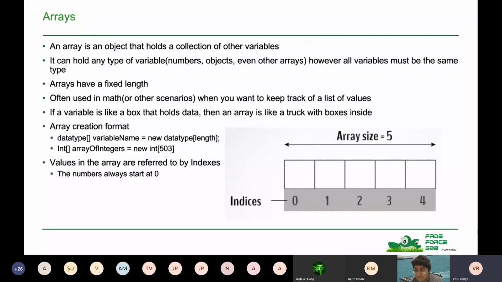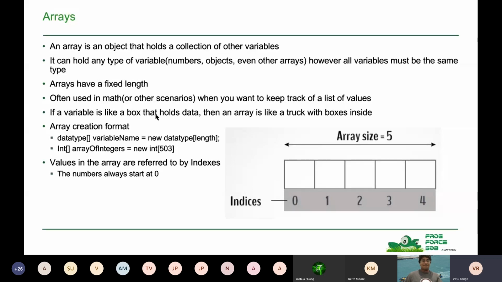Same way in here, you can hold multiple pieces of data in one small compact space. It can hold numbers, strings, doubles, and it can also hold other arrays. But every single data type must be the same. Along with that, it also has a fixed length, meaning that you can't go over however many numbers you decide to go for.